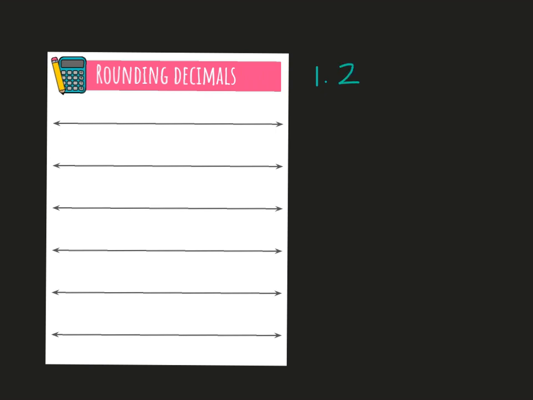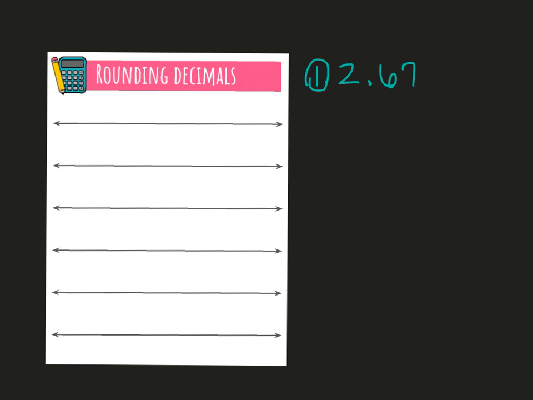Okay, so I have 2 and 67 hundredths, and I'm asking you to round to the nearest tenths place. What I have to remember is that I am looking, as always, at my place value chart.